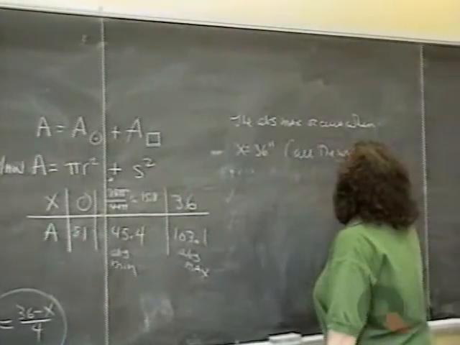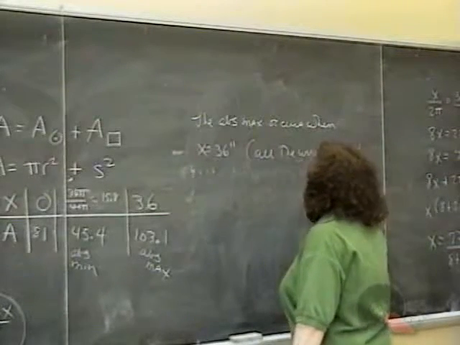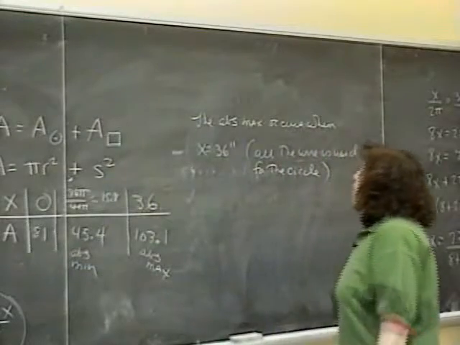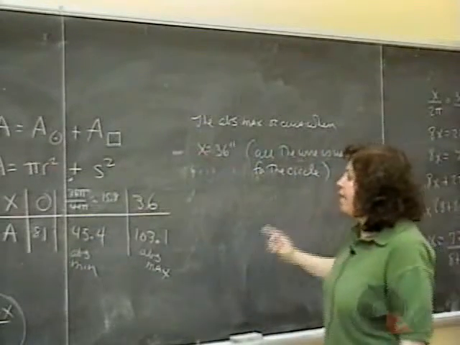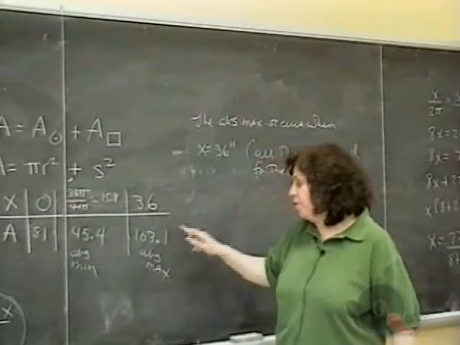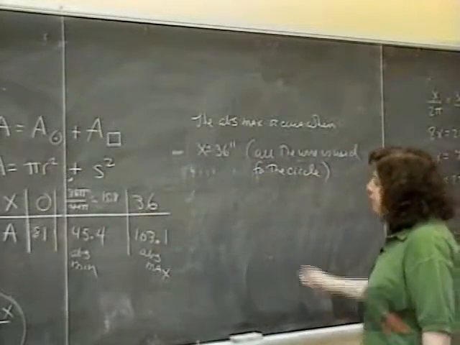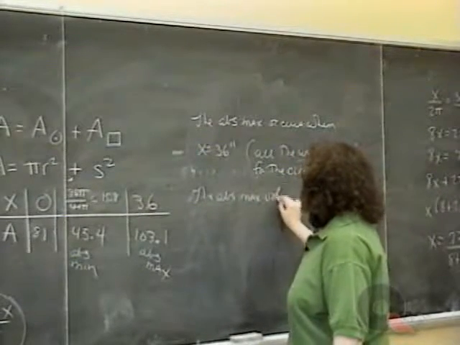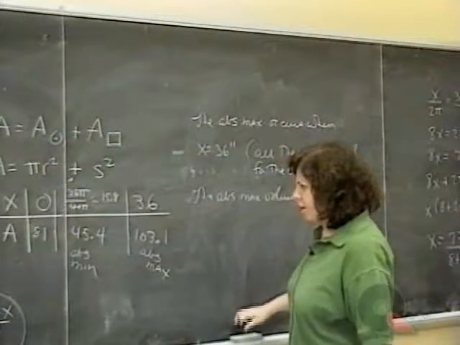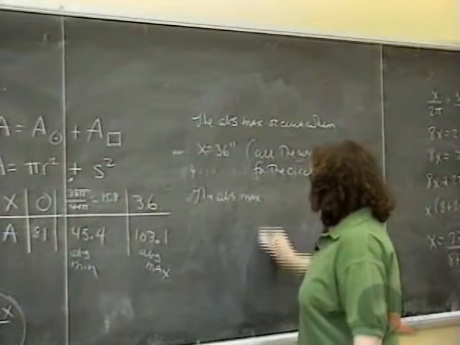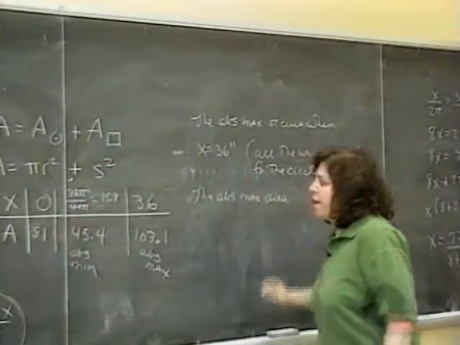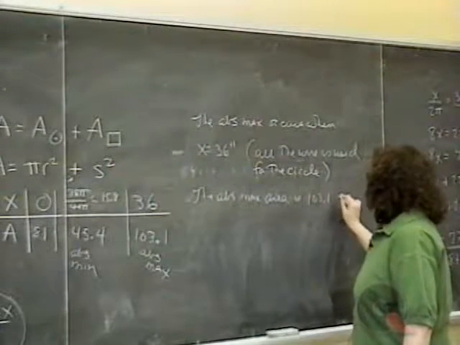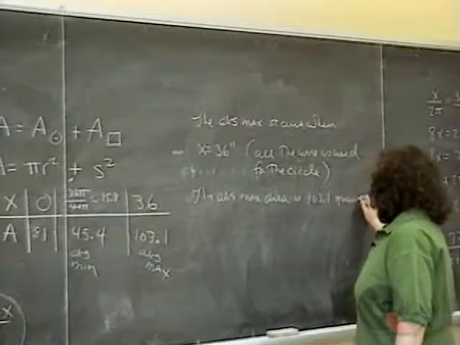All the wire is used for the circle. And the absolute maximum area in that case, of course, is 103.1 square inches. The absolute maximum area is 103.1 square inches.